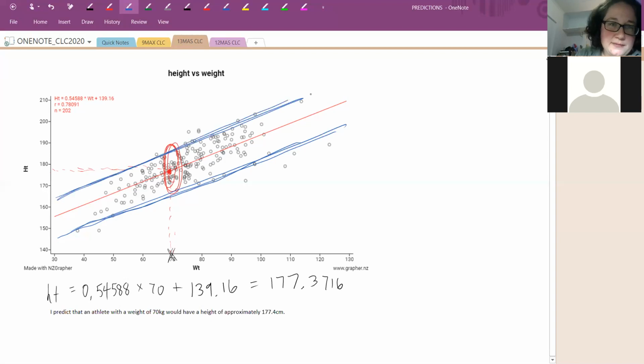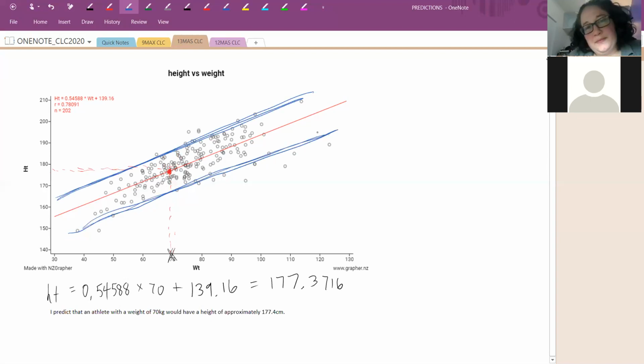So I've just got a band of scatter. I'm going to make this side a little bit better. Really, I'm trying to encompass about 95% of my scatter.